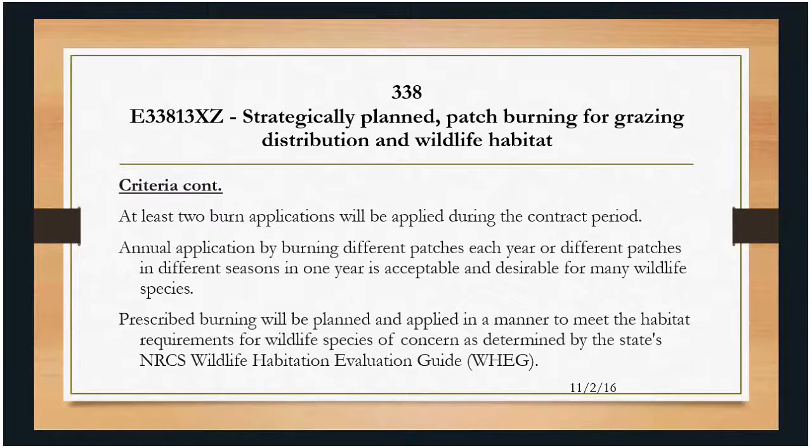You're going to do at least 2 burns during the contract period. Annual application by burning different patches each year. In one season, 1 year is acceptable for many wildlife species. And prescribed burning will be planned and applied in a manner that is not going to undo what we're trying to do with the burns, in a way that's compatible with the wildlife.